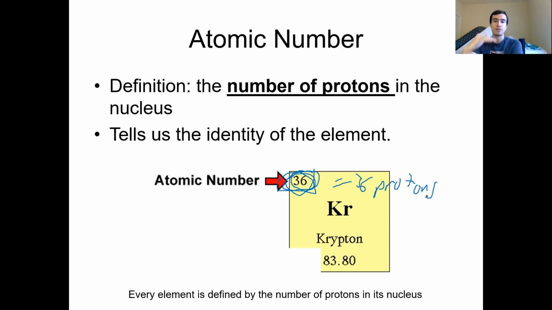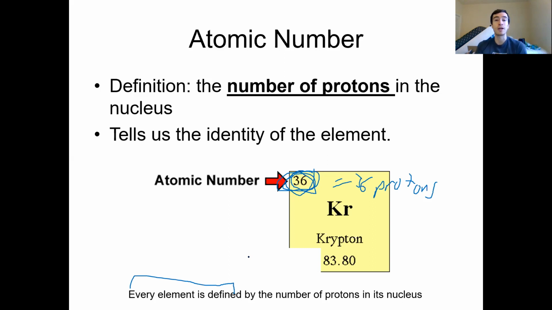So it has 36 protons in this atom. And it's going to occur relatively high up, relatively early on in the periodic table, about a third of the way through or so. Every element is defined by how many protons it has. Every single atom that you find out in nature that has 36 protons is going to be a krypton atom, every single time.